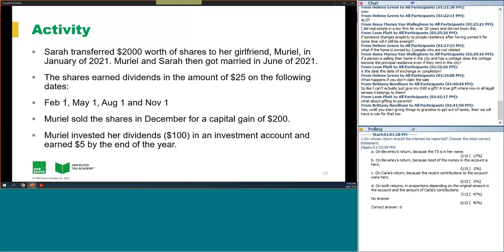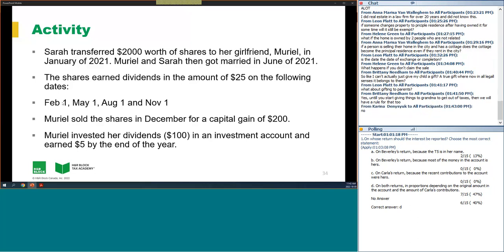So in February, did Muriel have assets that were given to her from her spouse? No, because she didn't have a spouse in February. So we won't do any attribution in February. The dividend income in February belongs to Muriel. Then we get to May. They're still not married, so the dividend income belongs to Muriel.